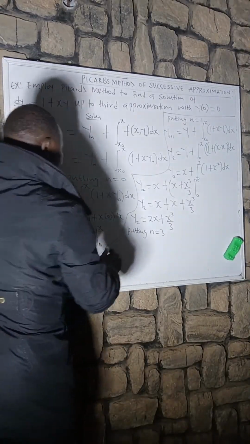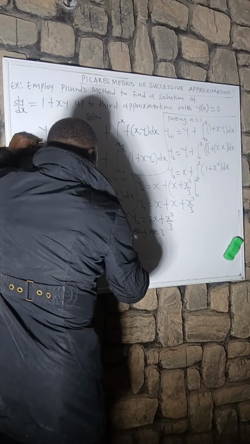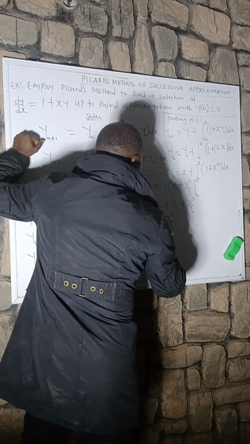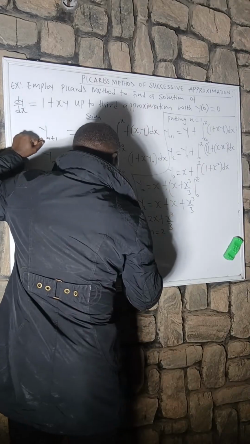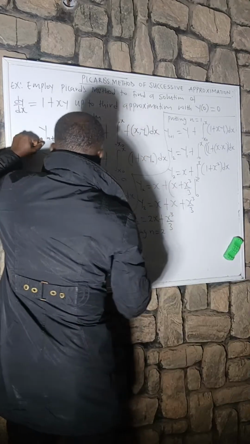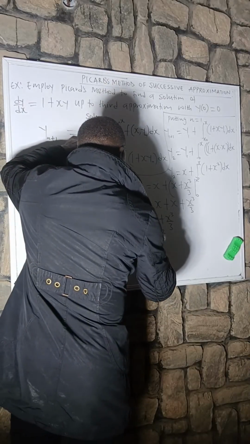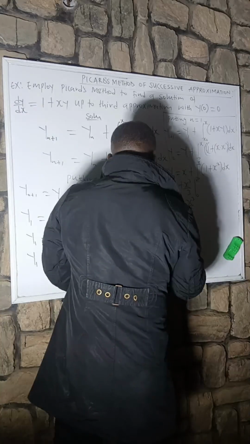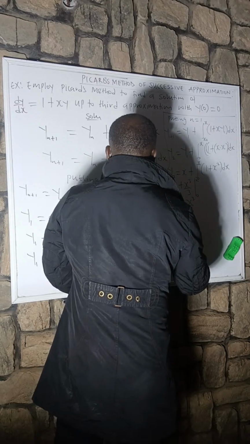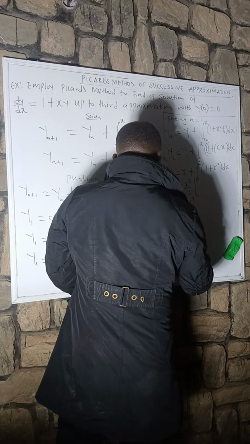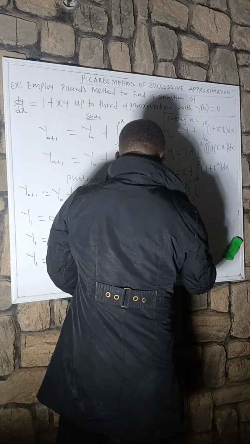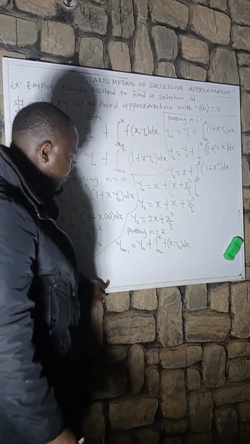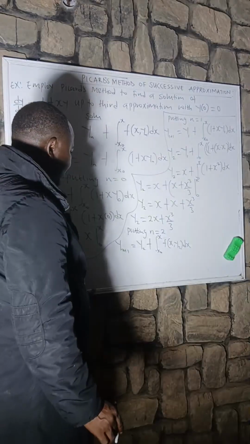When we come back here, we are going to have y subscript n plus 1, sorry, that's 2 plus 1, then equals to y2 plus integral x naught to x of f of x, y dx. True or false? Do you agree with me?